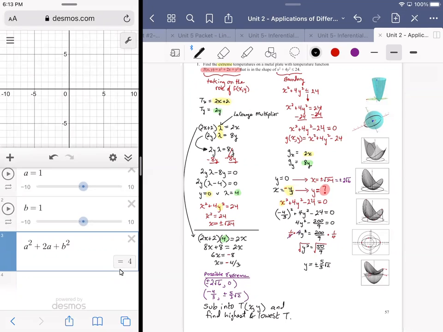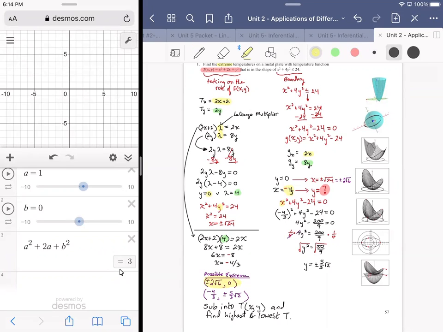All right. So now I'm going to evaluate each possible pairing. Now, if you can get a slider to slide to negative 2 radical 6, congratulations. You're better at this than I am. I would imagine you're probably typing it in. So the B value is going to be 0 for the first set of ordered pairs.